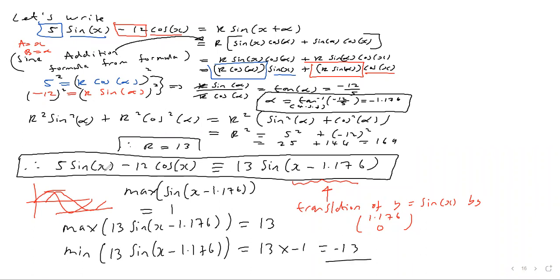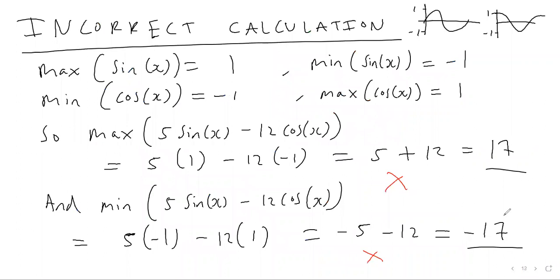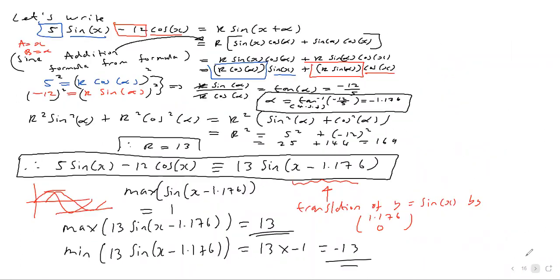So the minimum value of this 5 sine x take away 12 cos x is -13, and the maximum value is 13. So that's what our calculations show us. So we've now actually calculated the real answer. It's not 17 and -17, which is what this would suggest back here. The correct answer is going to be 13 and -13. So that's how we can do a calculation like that.